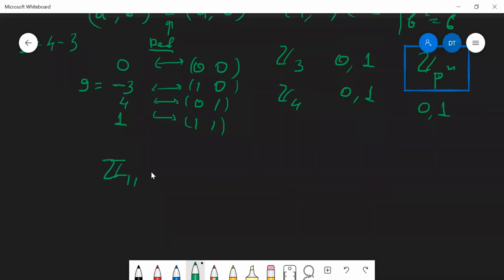There are only two idempotents, 1 and 0, and actually this is a field. Every non-zero element here is invertible, because every element except 0 is coprime with 11.